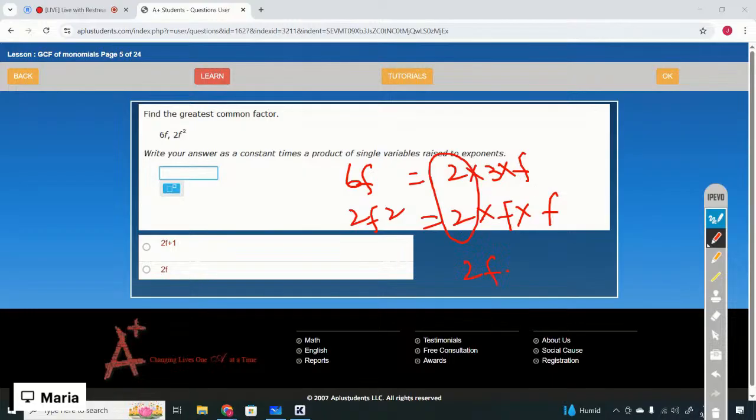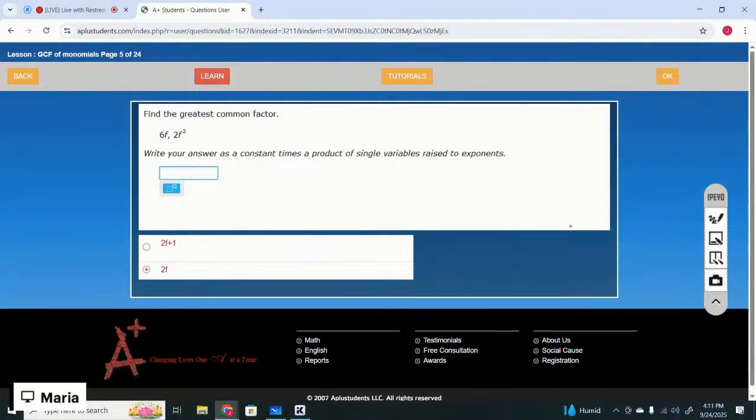That is 2f, option number 2 is the correct option.